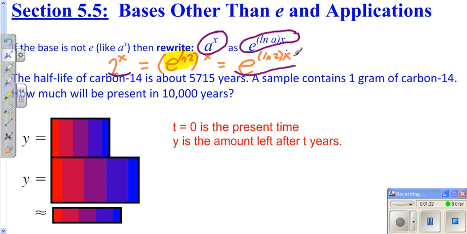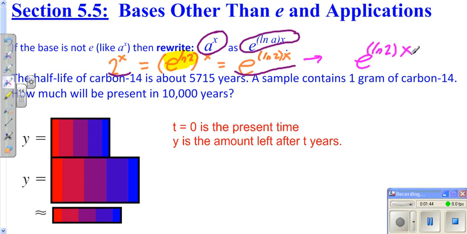Once you have it written as e to a power, then you could easily take your derivative. We're not asked to do that here, but we will anyways. If you did want to take your derivative, remember e to a power is still e to that power times the derivative of your exponent.